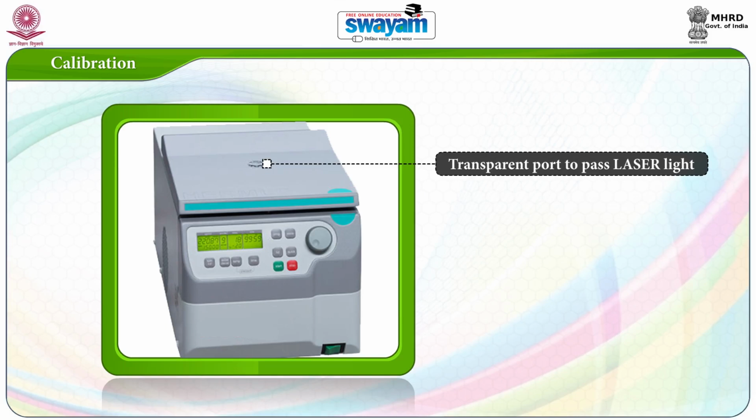So based on this, we can determine the speed of the centrifuge. The machine may show that the centrifugation speed is 1000 rpm, but it may actually be just 900 rpm. When a machine gets old, obviously there will be errors.